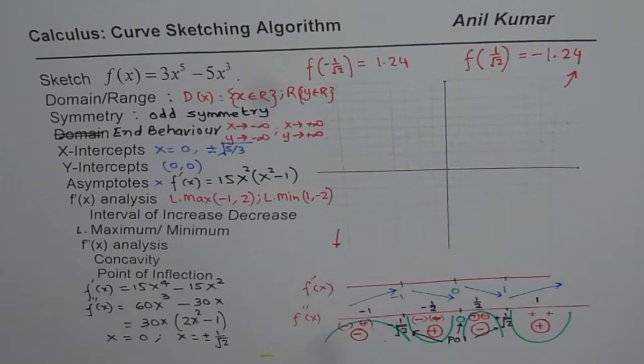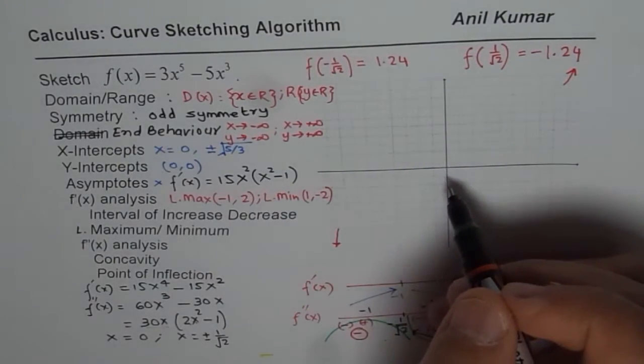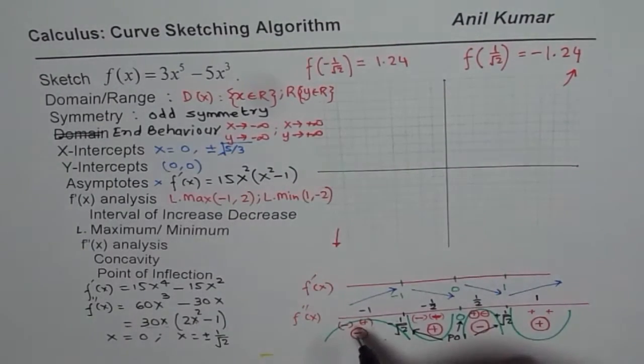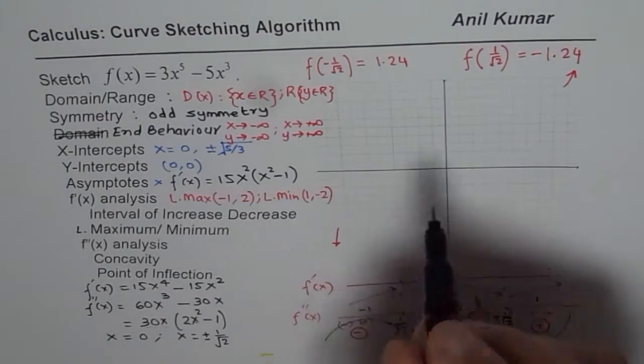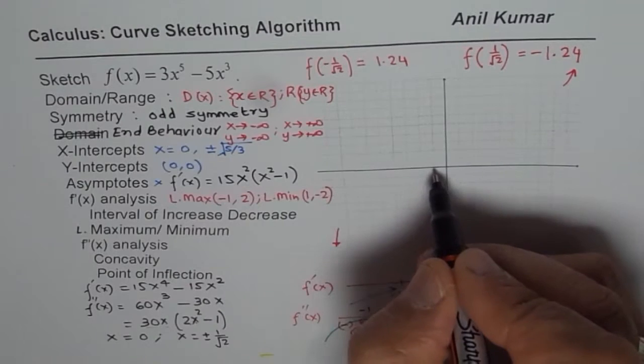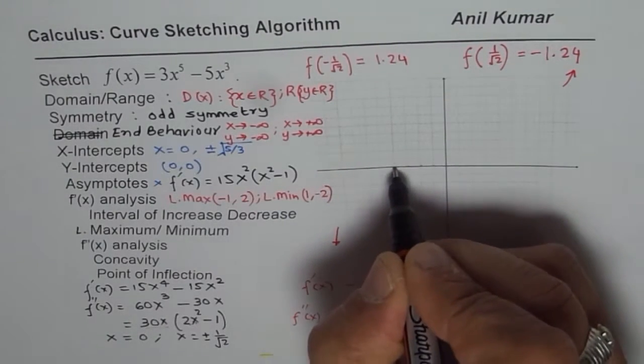So it's time to sketch the graph knowing all this information. Let's begin by making a proper scale. What we see here is that the maximum and minimum values are minus 1, 2. So we can use 4 units for 1.